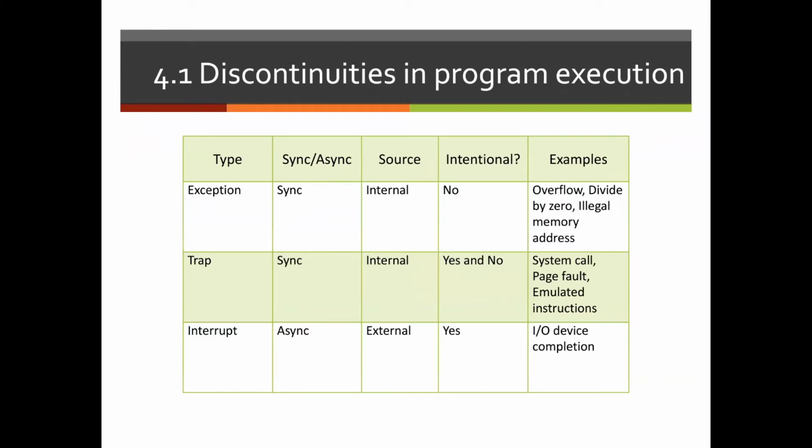Then when we consider interrupts, we can consider them to be asynchronous events caused by some type of external source that are intentional, and the external source could result from an example such as an I/O device. It could be a mouse click or keyboard clicking as well.